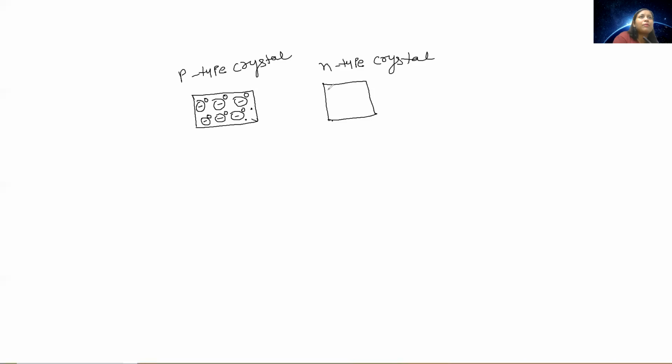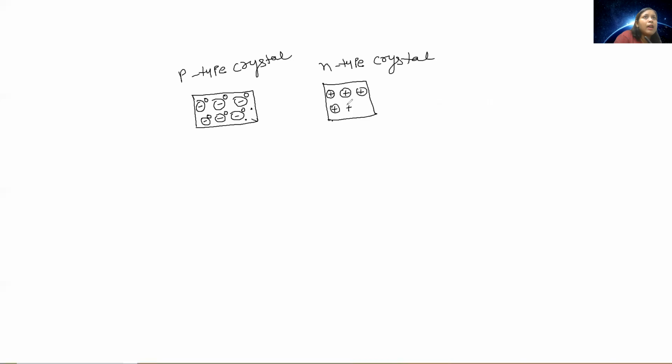Similarly, in n-type crystal, it has got the name of donor type, so it has the tendency of donating an extra electron, and if it donates an electron, it becomes positive ion. So the number of ions is equal to the number of electrons it donates.